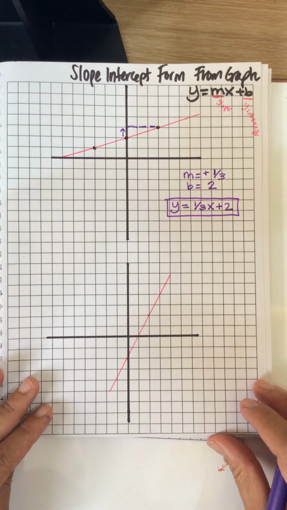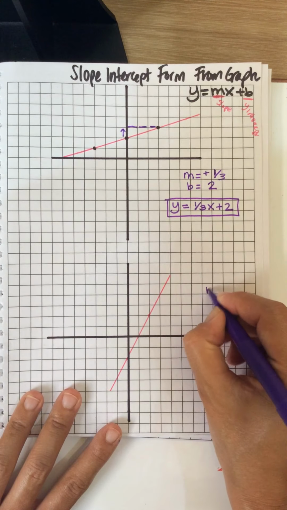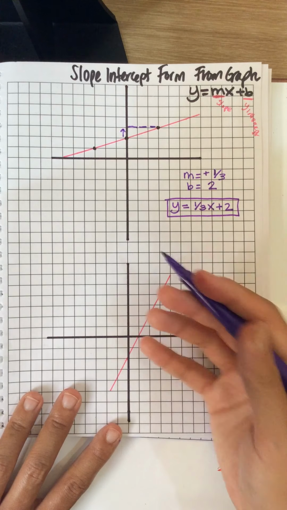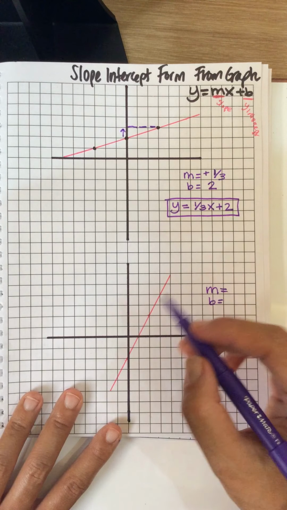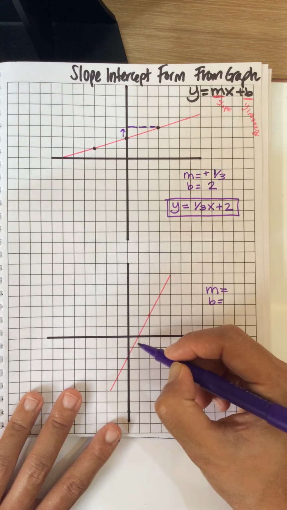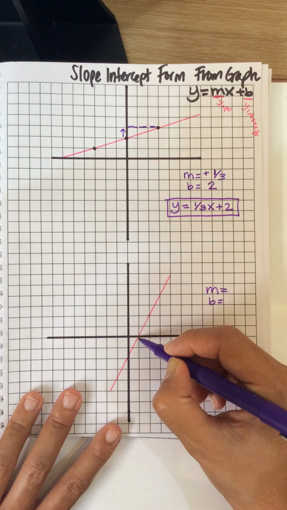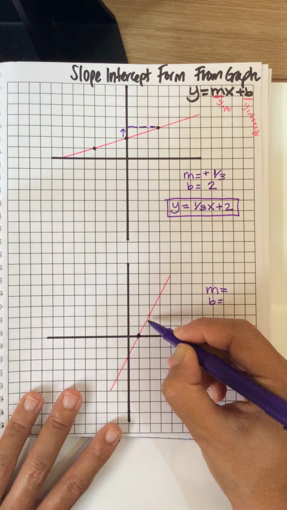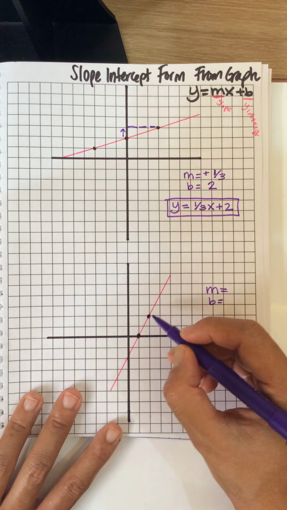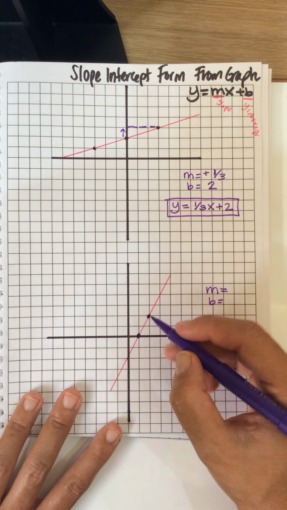All right, let's try the next one. I know again I need my m and I need my b. This one, the dots aren't so obvious, and I drew this by hand so it's not so great, but I know that there is 1 point here and there's 1 point here on the corners. Those are helpful for finding slope when they cross through those corners, so I'm going to use that.